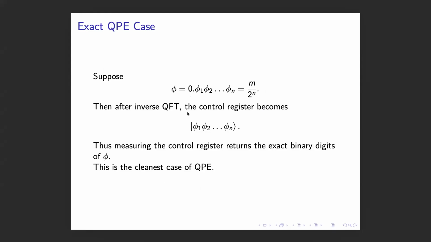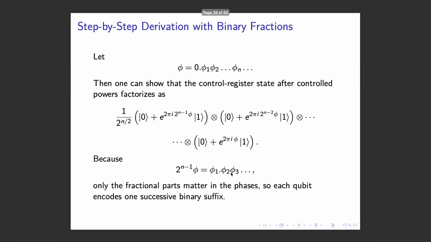When you apply the inverse QFT, the control register simply becomes phi 1, phi 2, up to phi n. And then you can extract the binary fraction, which represents this number phi, which is a number between 0 and 1. So when you measure the control register, that returns the exact binary digits of phi. And this is the cleanest case of QPE.